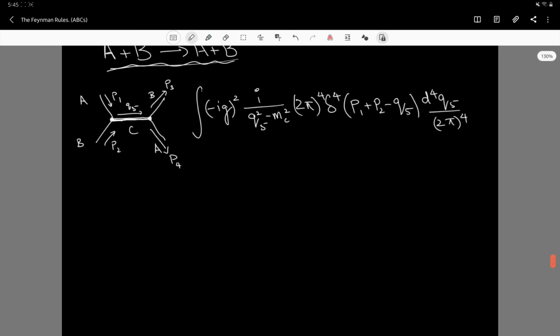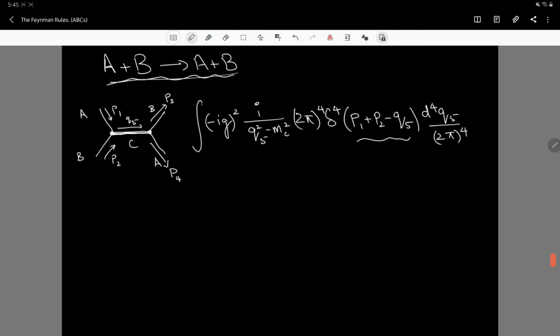So what you do from here is you write Q5 as P1, or I'm sorry, let me see, did I make a mistake? Okay, so you would have another delta factor for this other vertex, and that would be delta 4, with this Q5 going in minus P3 and P4 going out, so P3 minus P4.